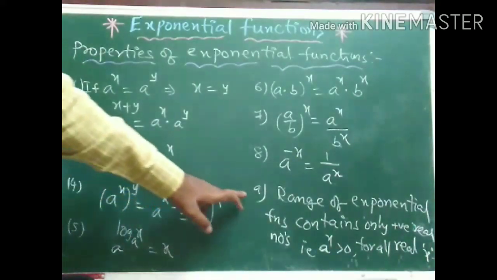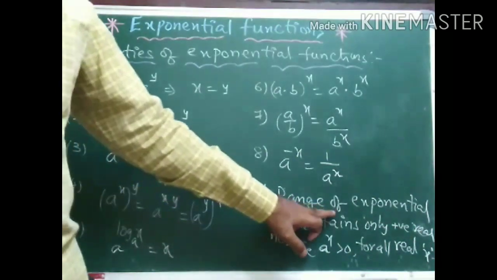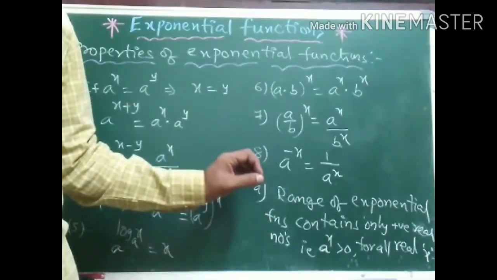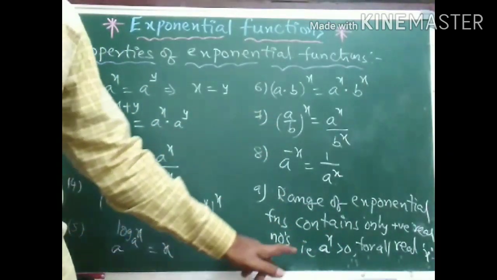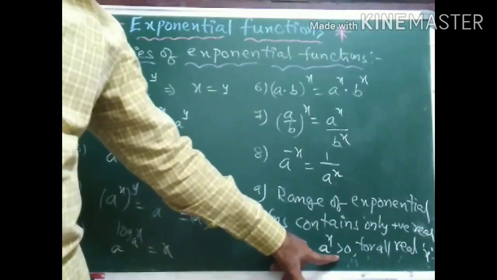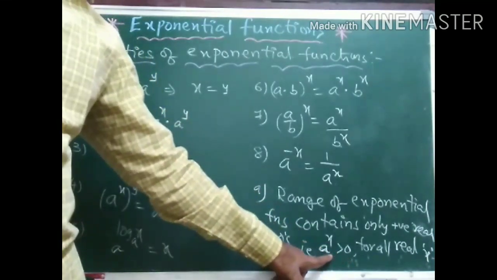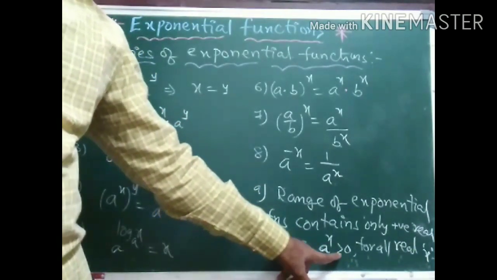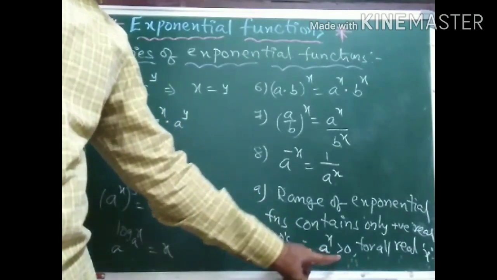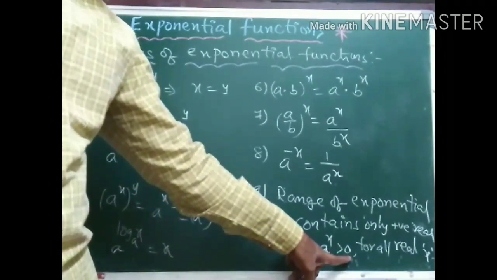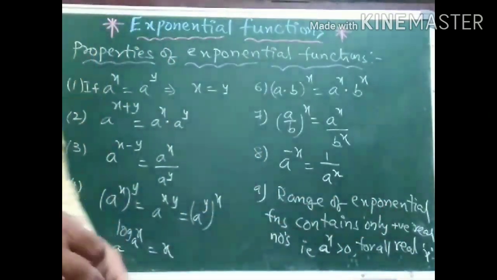So that is what we are mentioning in this point: the range of an exponential function contains only positive real numbers. That is nothing but a power x is always greater than 0. It can never be equal to 0. It can never be a negative number either. So a power x is always a positive number when x is a real number.